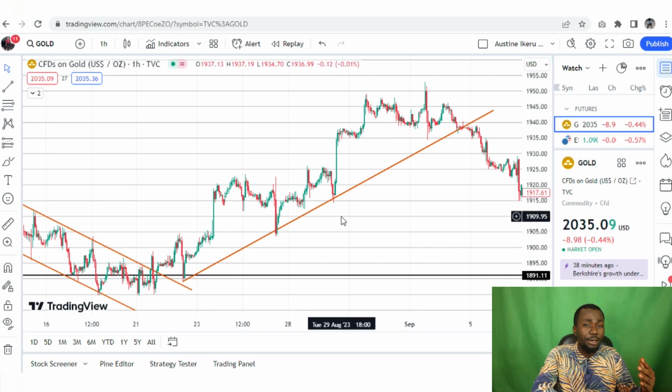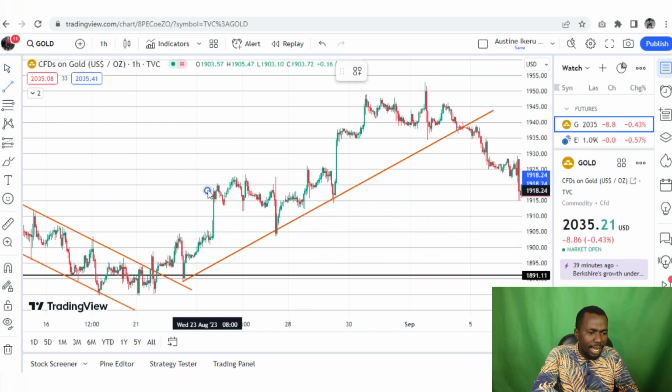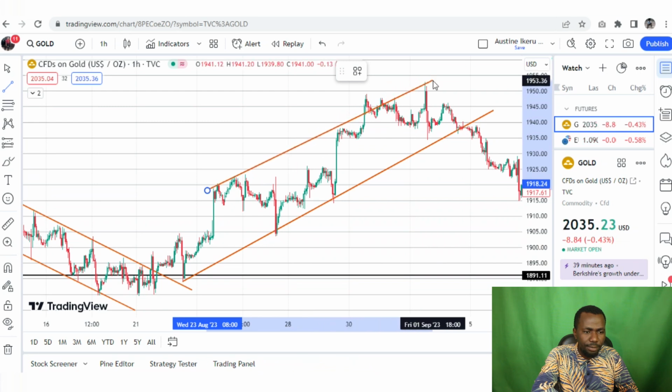You can also target your take profit, or you can ride a trend and wait for a break of the trend line. But if you want to target a take profit, you can simply look for another trend line and connect the highs, because that is where the price can reverse from.